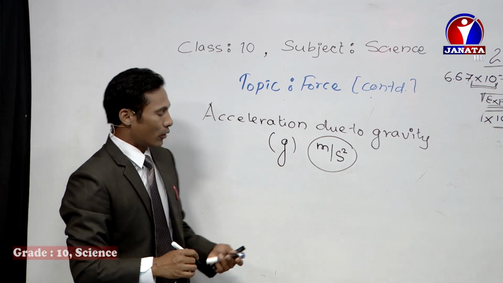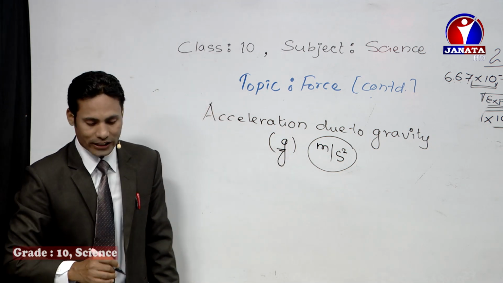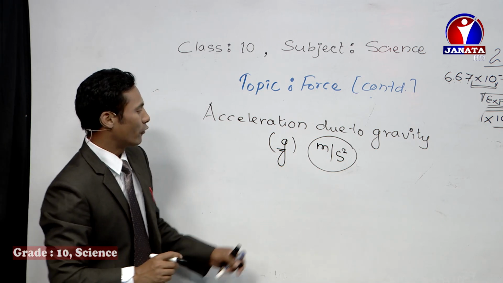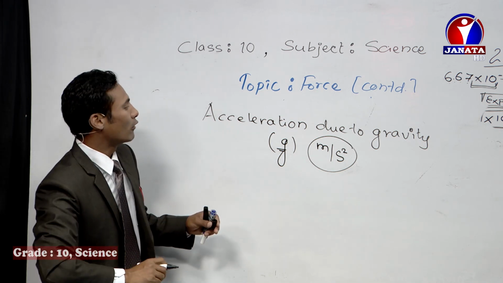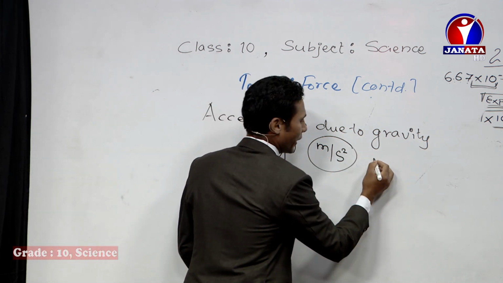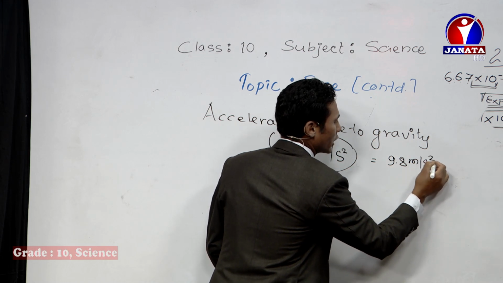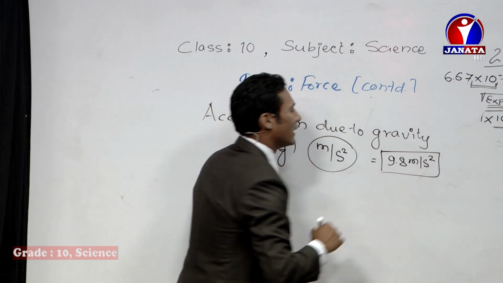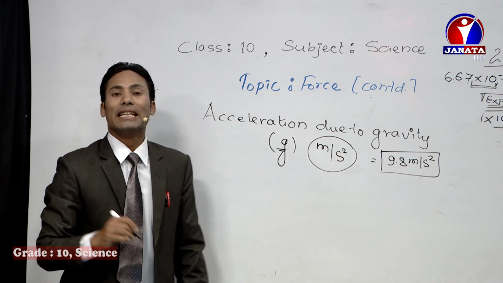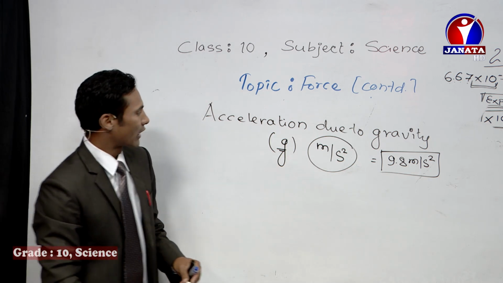Now we need to derive the formula for this g. Before deriving, let's see the value. The average value of acceleration due to gravity of Earth is 9.8 meter per second square. We may calculate later how this 9.8 comes. Before that, let's derive the formula for acceleration due to gravity.